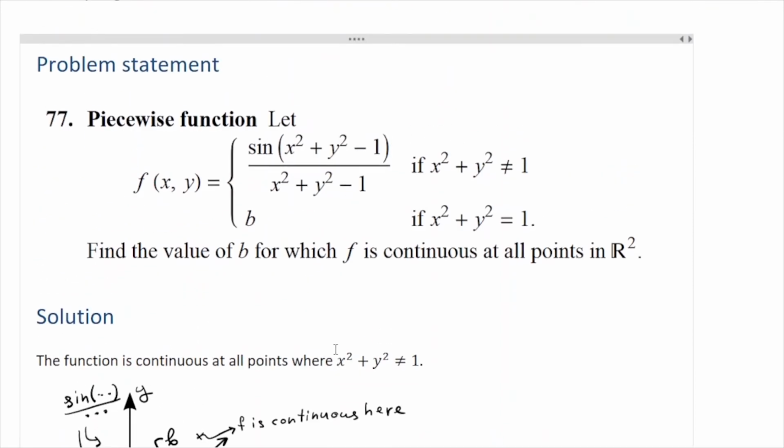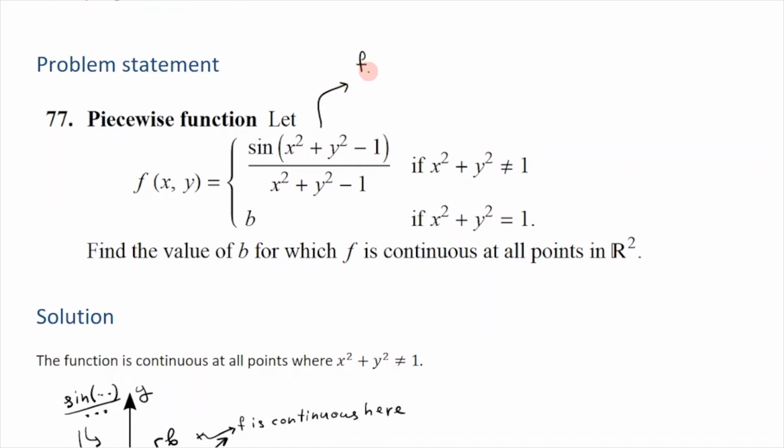To figure out the value of b, we can simplify this problem a little bit. We can write this function as a composite function. We know that it's equal to some f of u. Well, I'm going to write it as f1 because I don't like when a function with 2 arguments suddenly becomes a function with 1 argument, but I could have just used f. So this guy is equal to sine of u over u if u is not equal to 0.